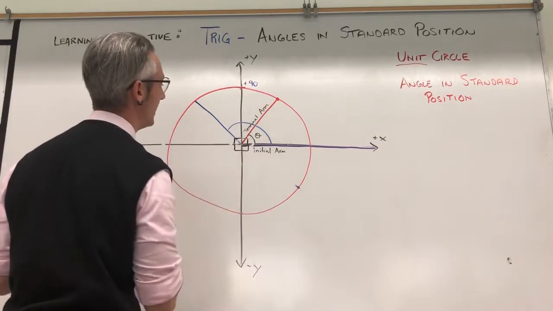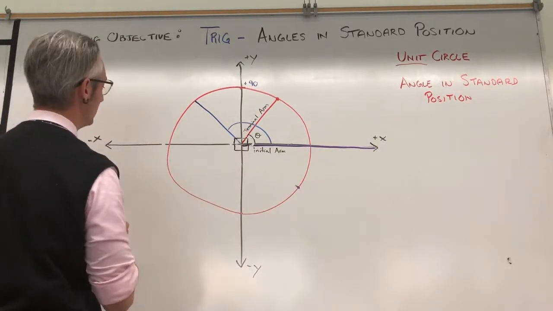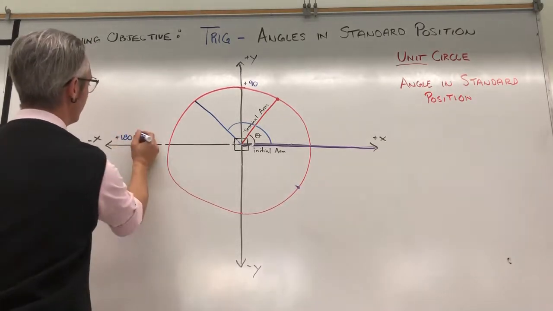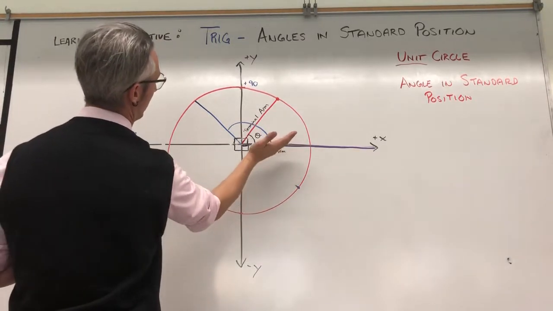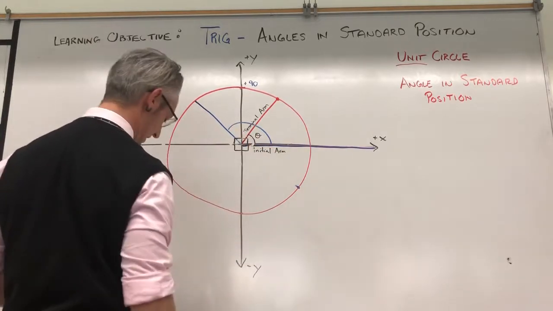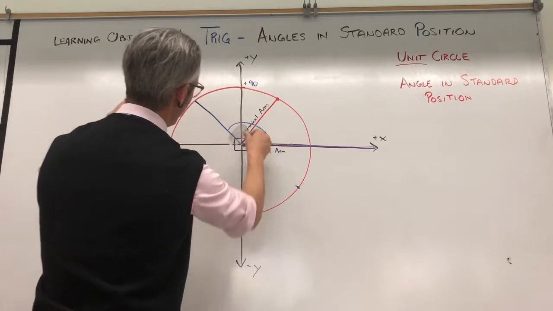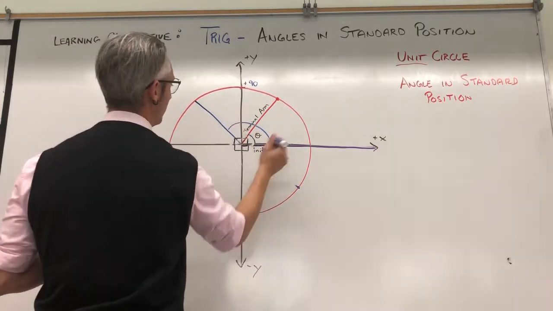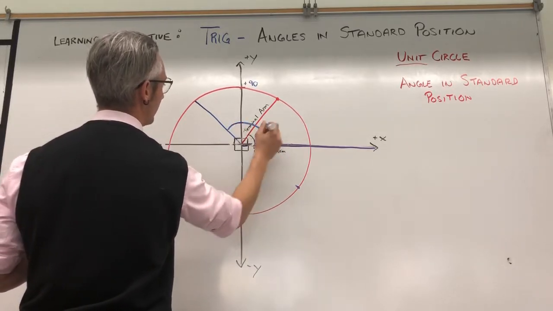So this is positive 90 degrees with respect to the initial arm here, and over here would be 180 degrees. Okay? So my angle in standard position for this one, if I measured, is about 135 degrees, okay?